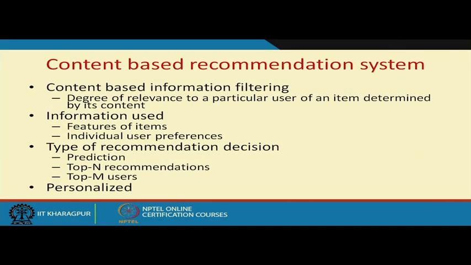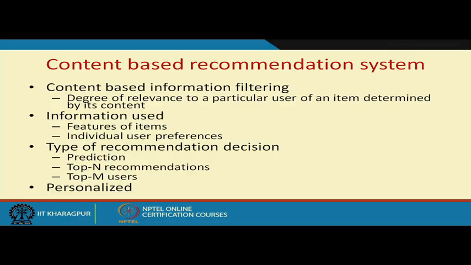Next one is your content based recommendation system. So, here the content of the item, let us say in case of a book, the feature of the item could be name of the book, author, publisher, category, etc. or the feature could be the keywords present in the book.